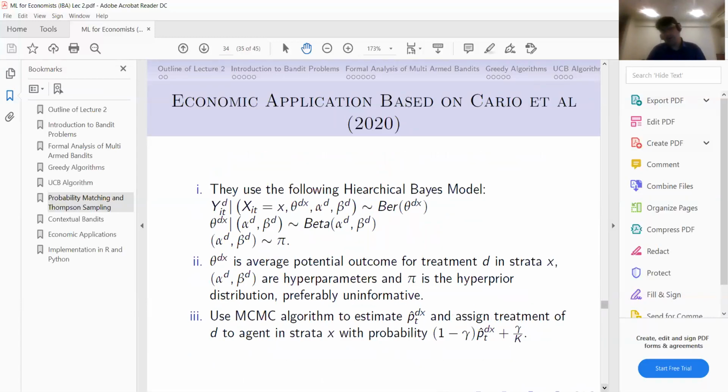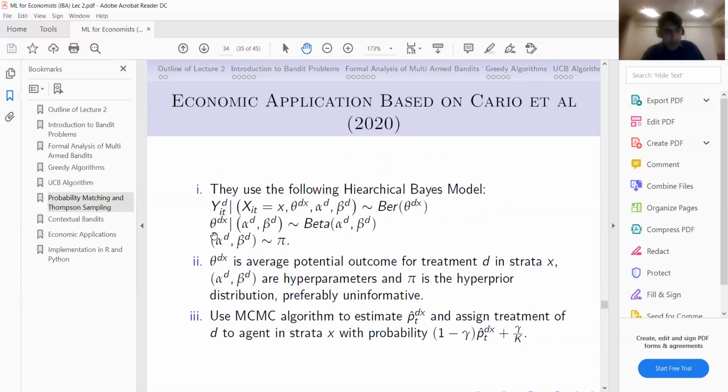So as I said, when you have contextual bandits, things become a bit more complicated because there are various levels at which you have to think about things. The problem becomes multi-layered, because now you not just have treatments D, but also X, which are the variables.